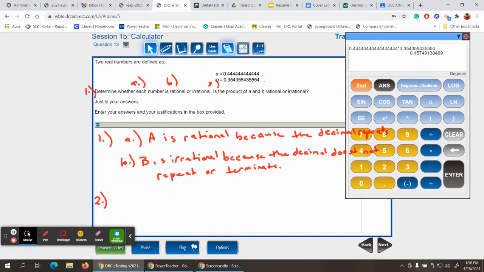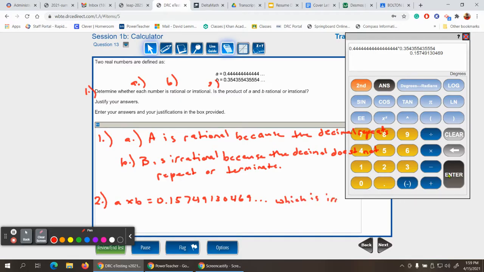So I would write A times B equals 0.15749130469, which is irrational.